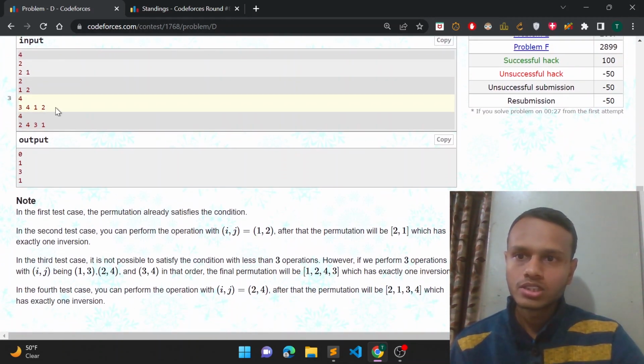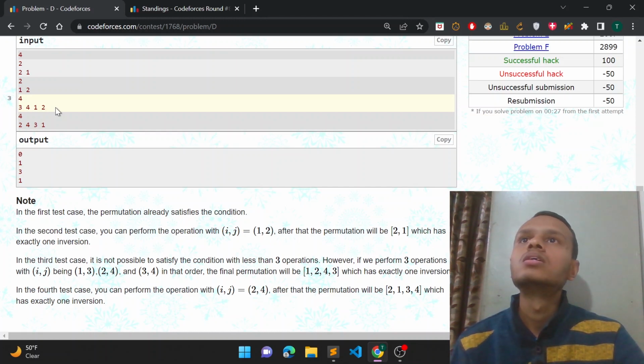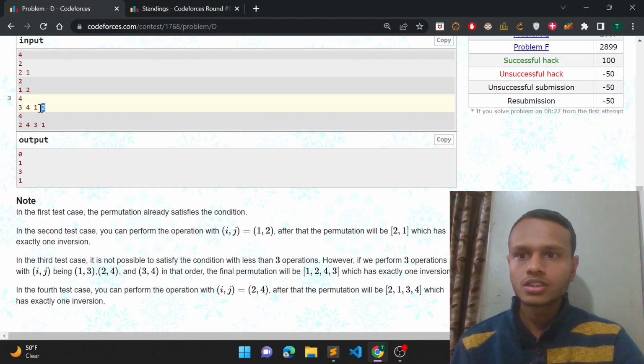Three, 4, 1, 2. If we are talking about only one inversion, then the last element of the array should either be the maximum element of the array or max minus 1. If it is max minus 1, then the rest of the array should be sorted in increasing order.